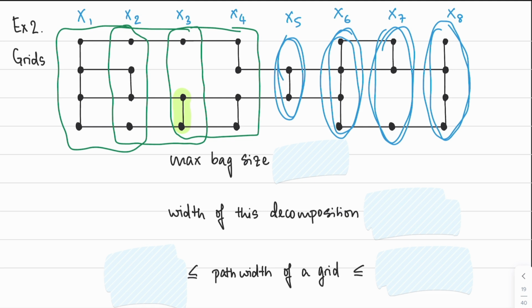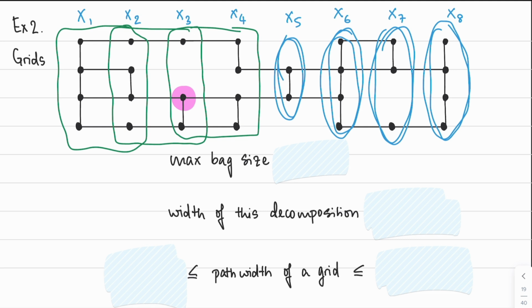And it should be quite clear that all the vertices are also covered. The union of all the bags is indeed the entire vertex set. And the last property that we need to check is that when you look at all the bags that contain any particular vertex, those bags are consecutive.